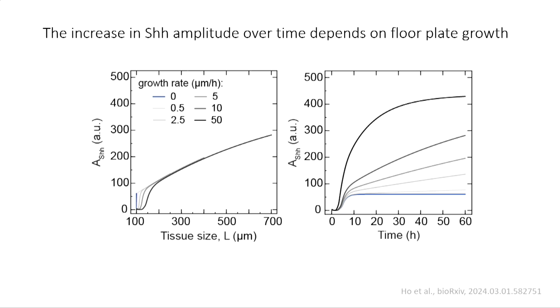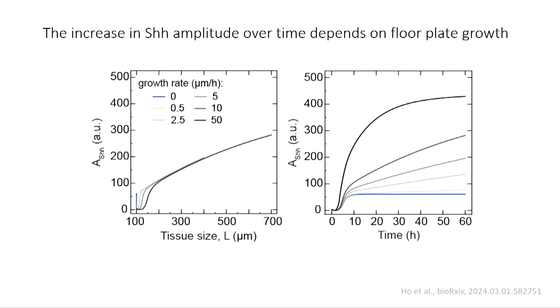That's actually the next transparency. But here, what I plot is, so far I was discussing the floor plate size, and here I get to the amplitude of Sonic Hedgehog. So you have the floor plate, but you probably would like to know what would be the amplitude of Sonic Hedgehog produced by this floor plate.